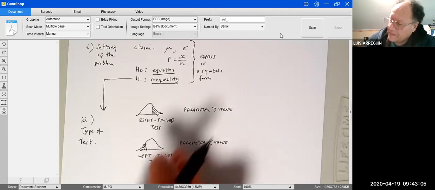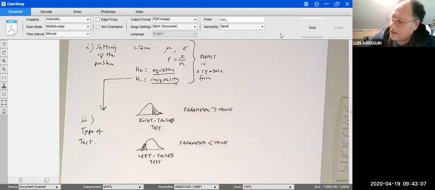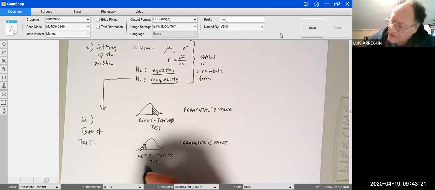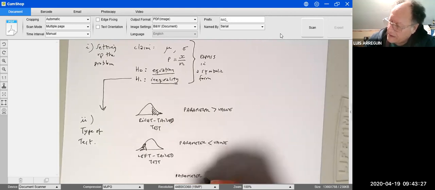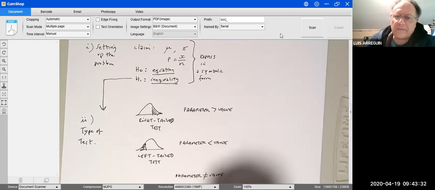And this is important because depending on what kind of test you are working on, there is going to be a difference in the computation that you're going to perform, either by using tables, using your Texas Instrument, or using the language R. So the third possible scenario is when your inequality indicates that your parameter is just different than a given value.